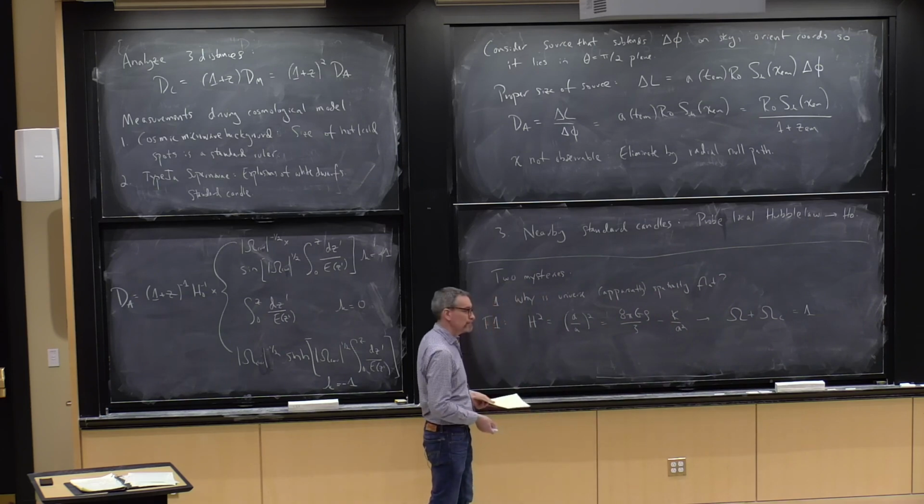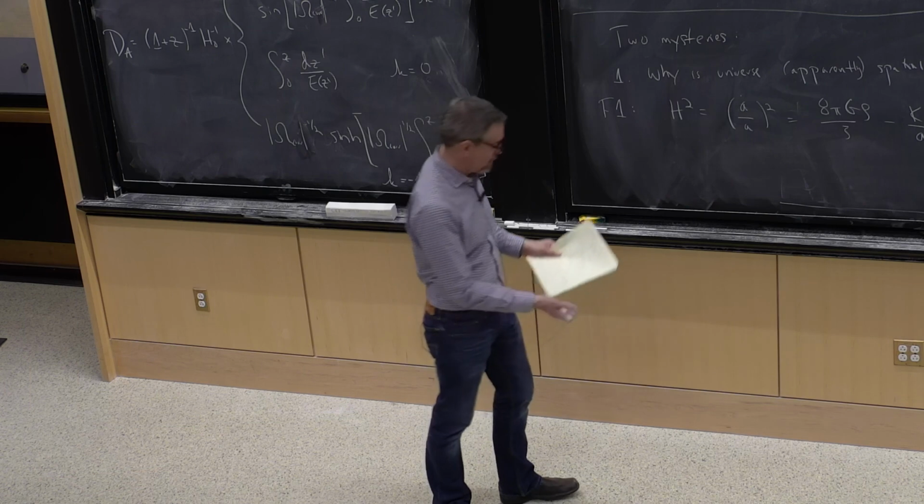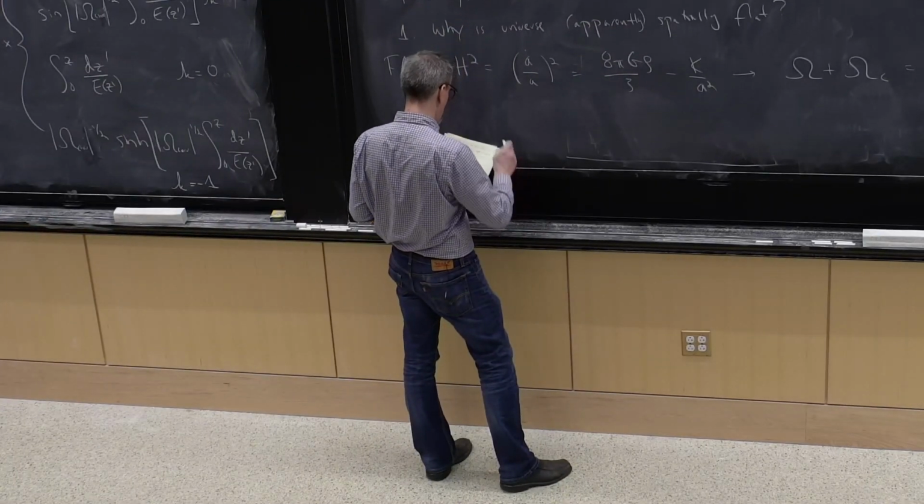The expectation had long been that our universe would basically be dominated by various species of matter and radiation for much of its history, especially in the early universe.